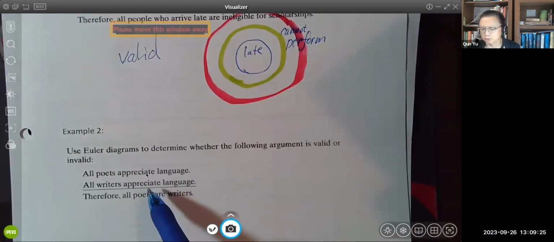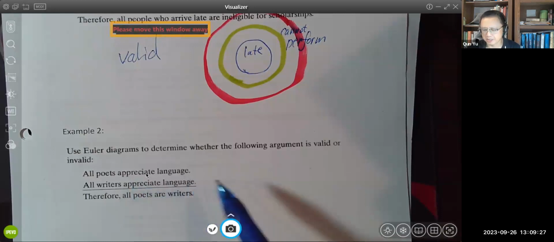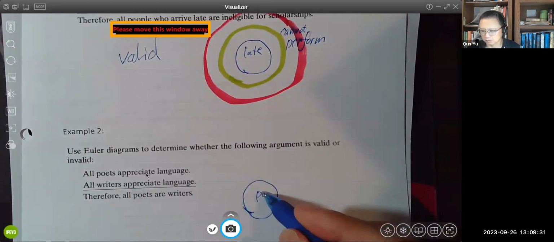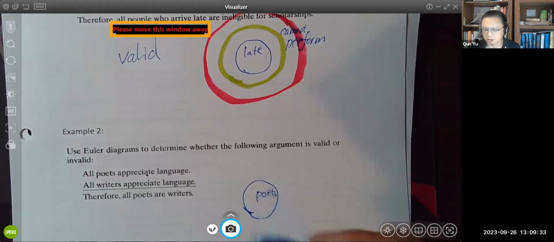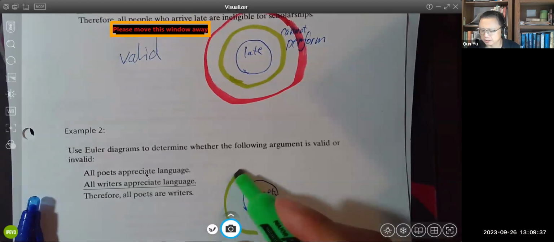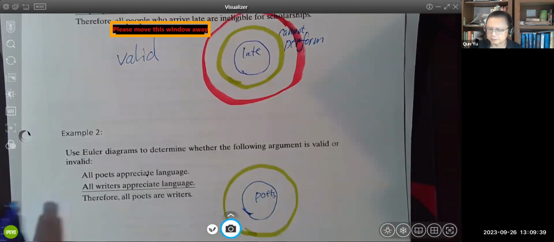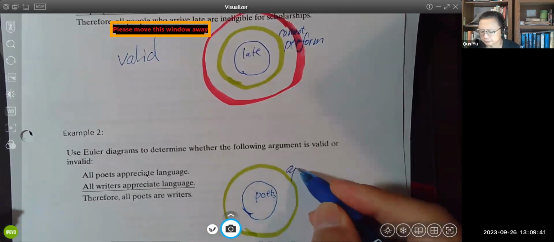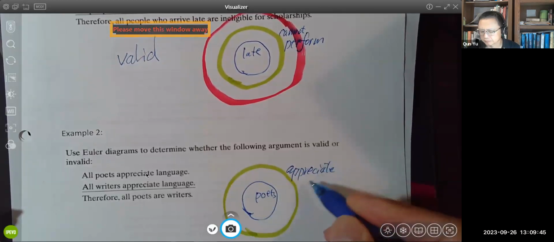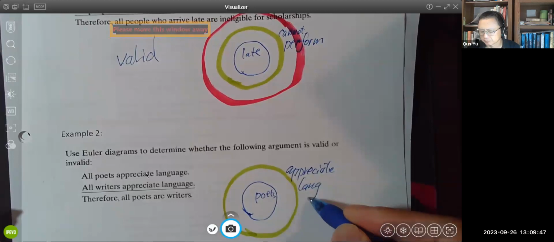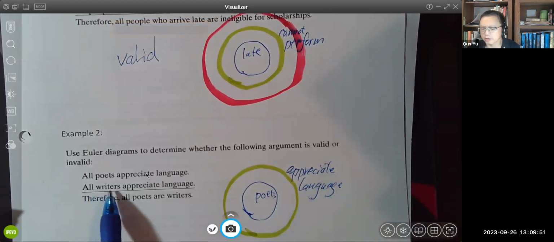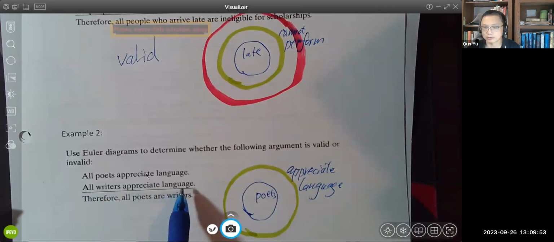All poets appreciate language. All A are B model again. That's all poets, and a green circle to represent those who appreciate language. Now look at the second one: all writers appreciate language.